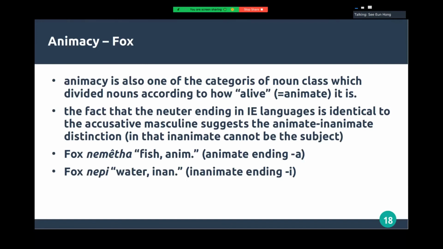And these endings are inherited from Proto-Algonquian. And Fox is one of the few examples amongst the daughter languages of Proto-Algonquian in which both the animate and inanimate endings survived and are still present.